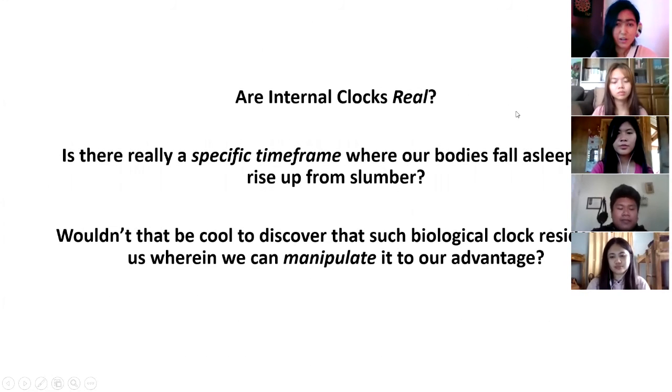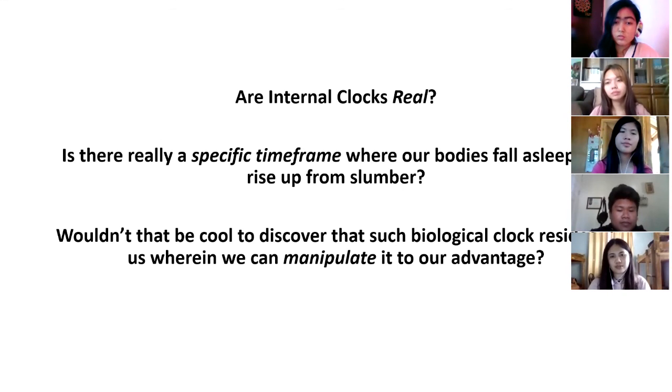So, our internal clock's real? Based on our study, yes, statistically proven, internal clocks do exist. So is there a specific time frame where our bodies fall asleep and wake up? The answer is yes, because a specific time frame where we wake up and sleep is related to the circadian rhythm.